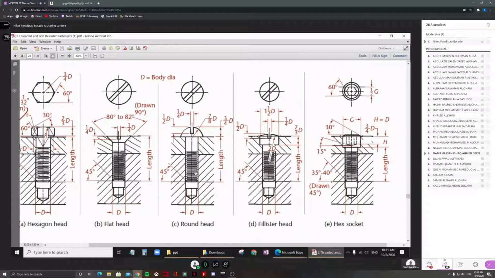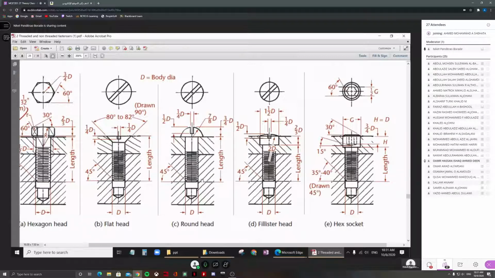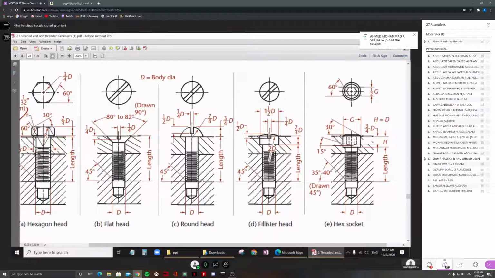This is specified by the ISO in the thread handbooks, and the screw manufacturing companies follow the handbooks and make, as per their market reach, a type of the threads. Some are specialist threads only, and some companies just make a general type of threads. They make it as per these specifications given from the ISO handbooks.